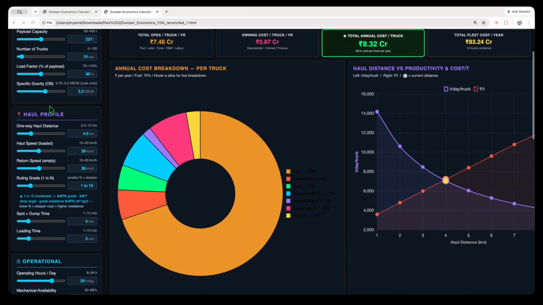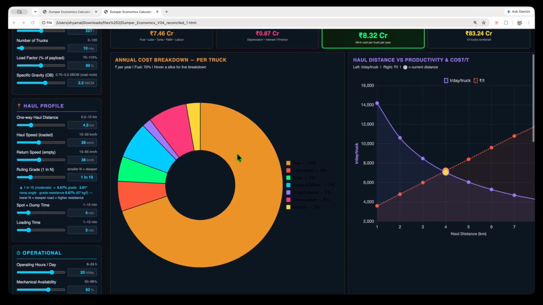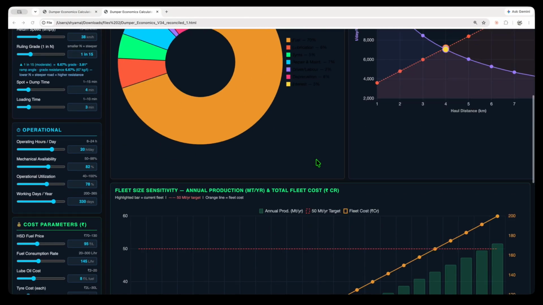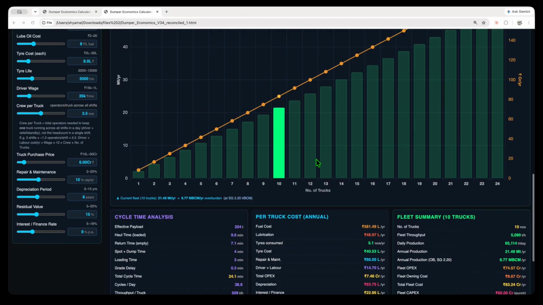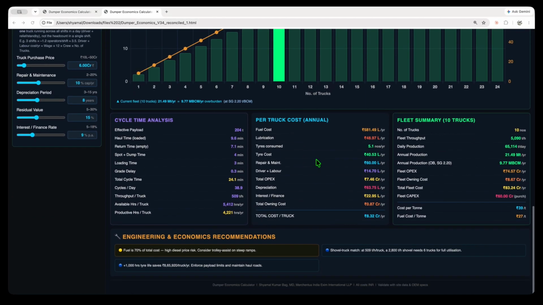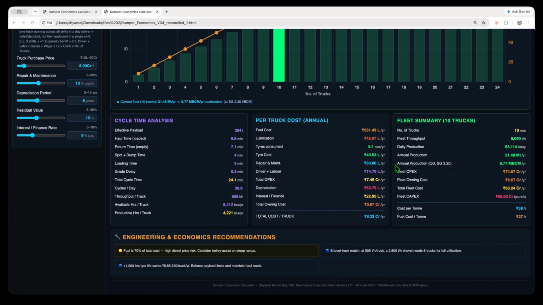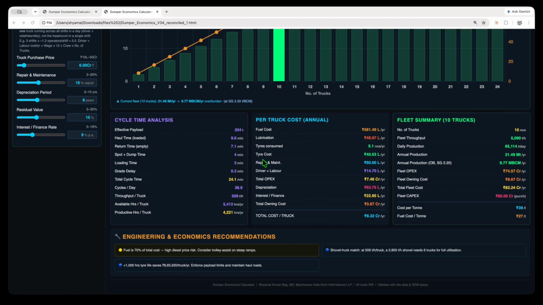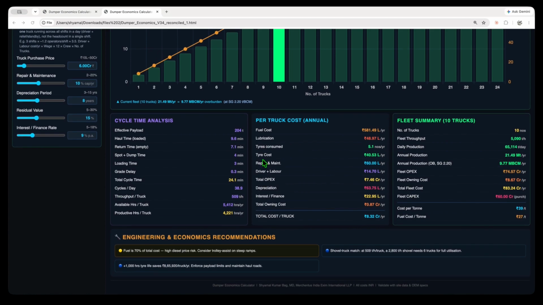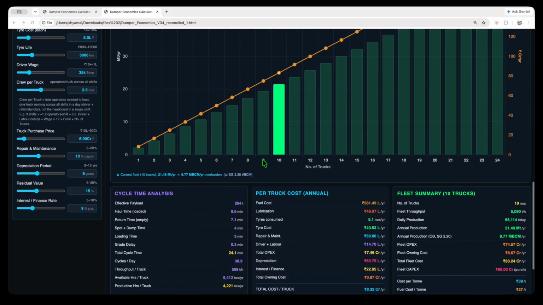Below that, 3 charts and 3 tables. The 3 tables break the numbers down every way a mine planner or a finance team would want to see them. Let's start on the left with the truck itself.